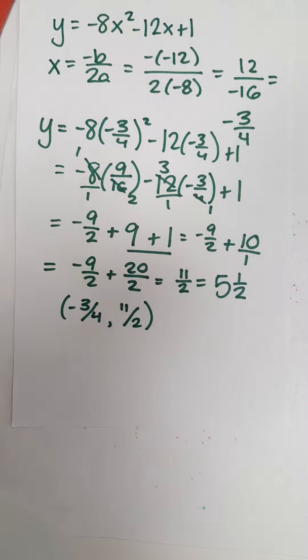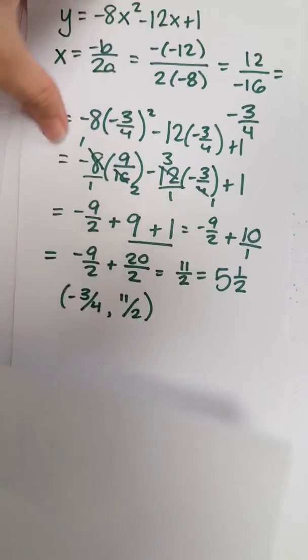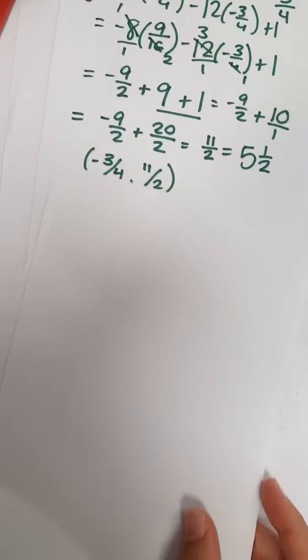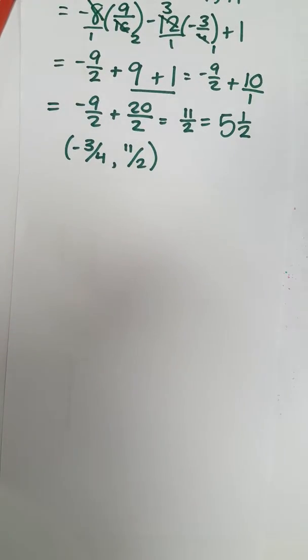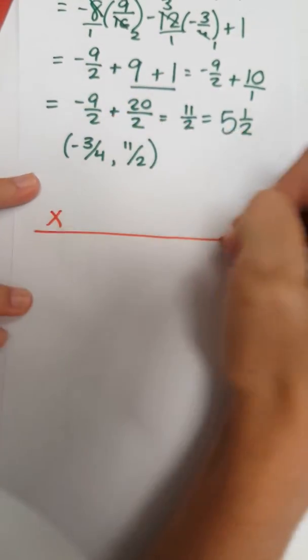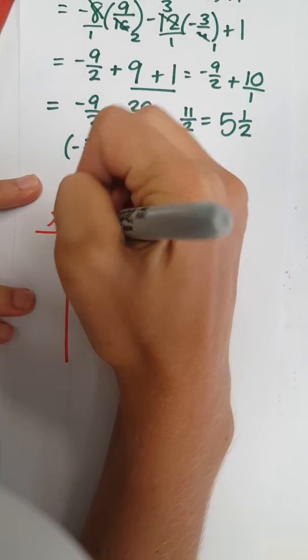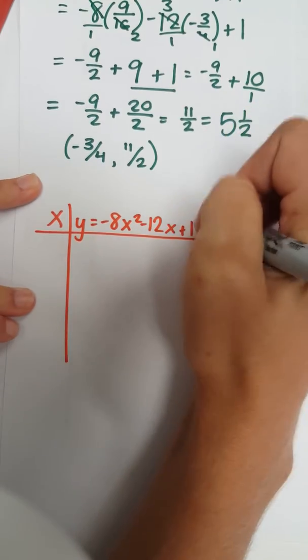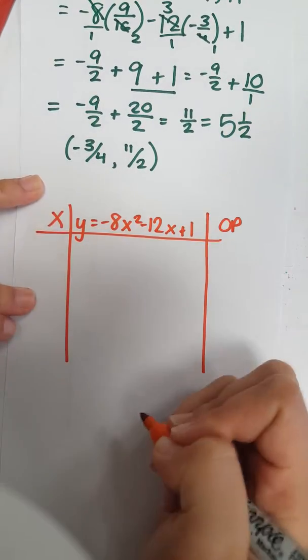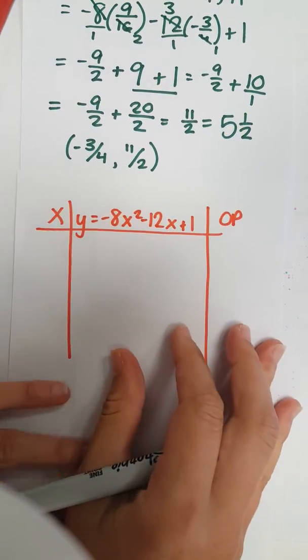Okay, so now we have to make our chart. Now remember, we said that our middle piece is going to be that vertex. But I'm going to point something tricky out to you that does make these a little bit harder. Okay, so let's see here. X, y equals negative 8x squared minus 12x plus 1, and the ordered pair that follows.